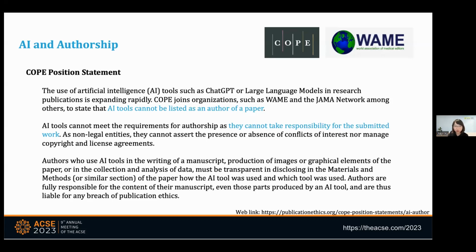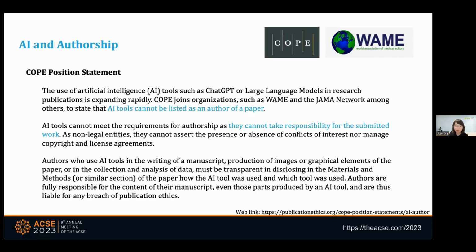AI tools cannot meet the requirement for authorship, as they cannot take responsibility for the submitted work. As non-legal entities, they can't assert the presence or absence of a conflict of interest, nor manage copyright and license agreements. Authors who use AI tools in the writing of a manuscript, production of images or graphic elements of the paper, or in the collection and analysis of data must be transparent in disclosing in the materials and methods of the paper how the AI tool was used and which tool was used.